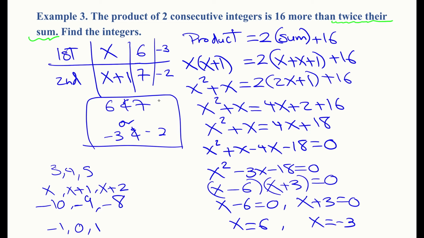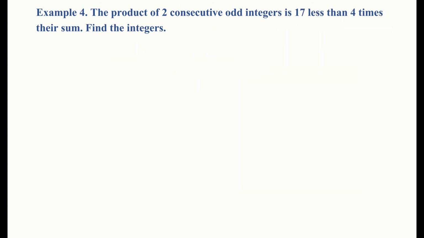So let's say you want to type this in for MyMathLab. You would just go 6, 7, -3, -2, like that, and the system should accept that. All right, so a nice problem. Make sure that you can handle this completely on your own before we proceed.